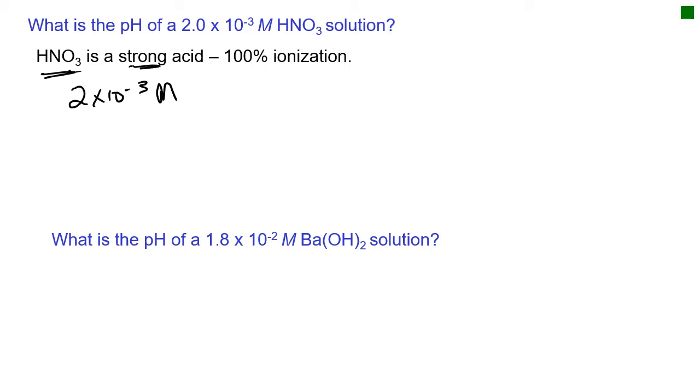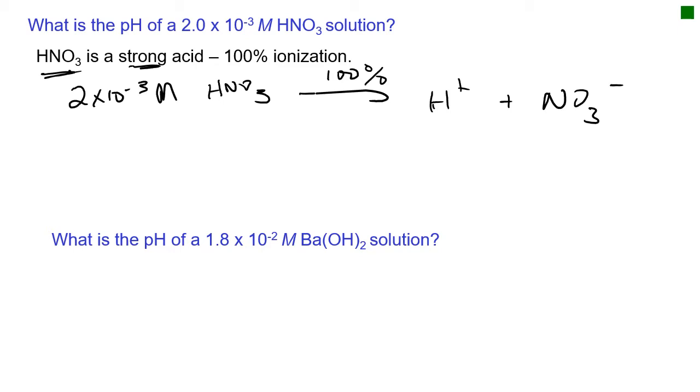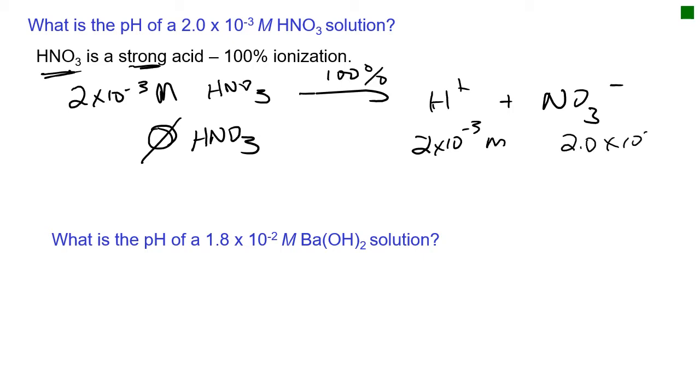So if we start out with 2 times 10 to the minus 3 molar HNO3, it is going to react 100% to make H+ and NO3-. Again, what does that mean? It means that when the reaction is finished, we're actually going to have 0 HNO3, and we're going to have 2 times 10 to the minus 3 molar of each of the H+ and the NO3-. We want the pH of this solution.